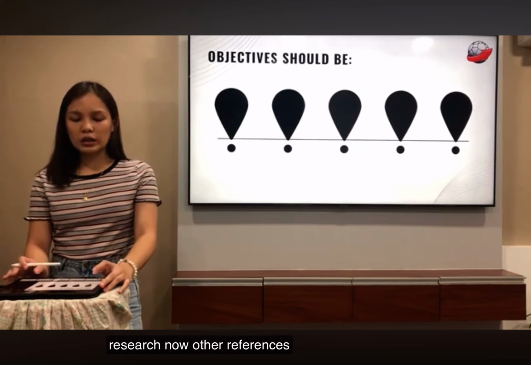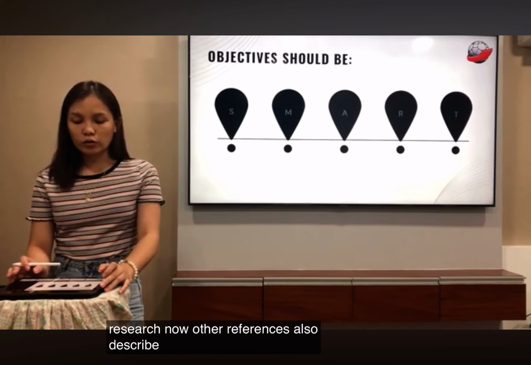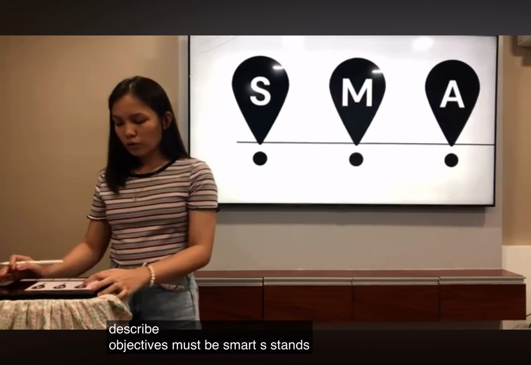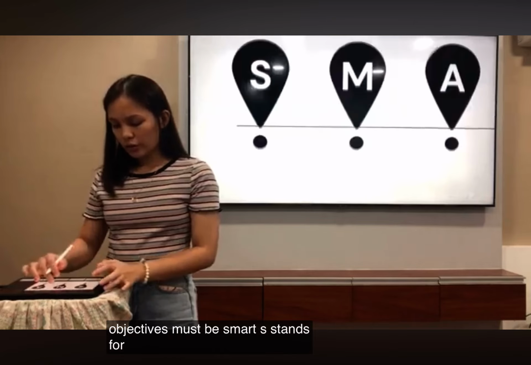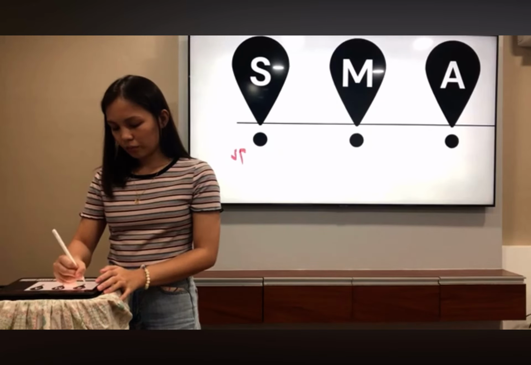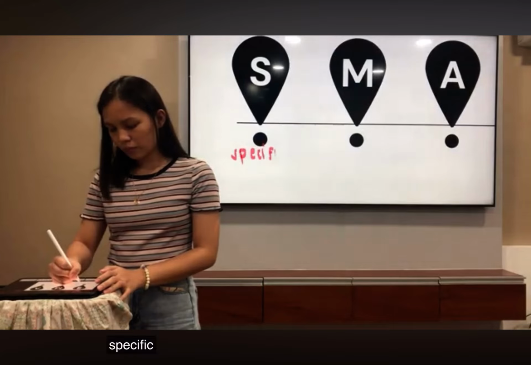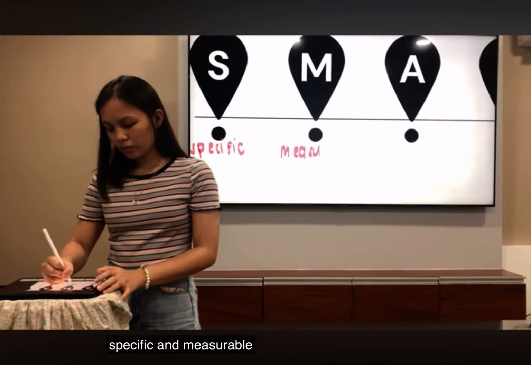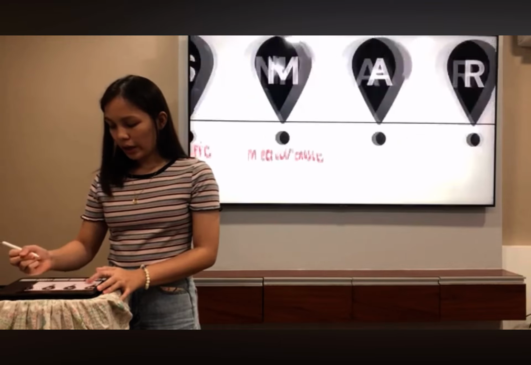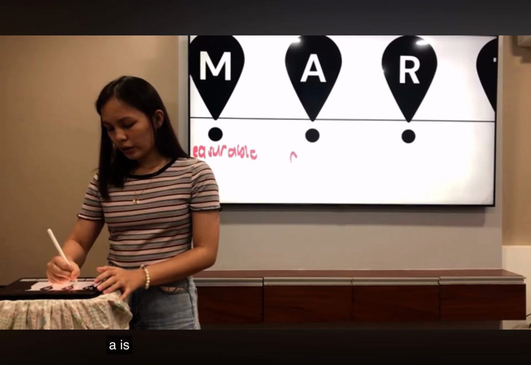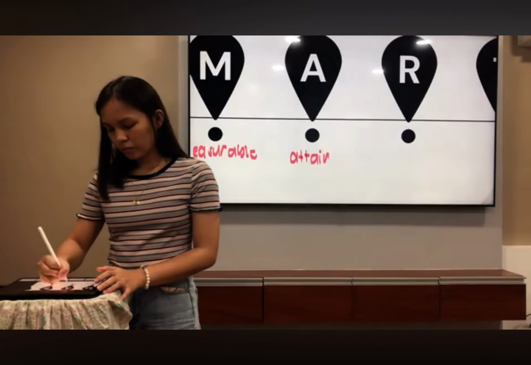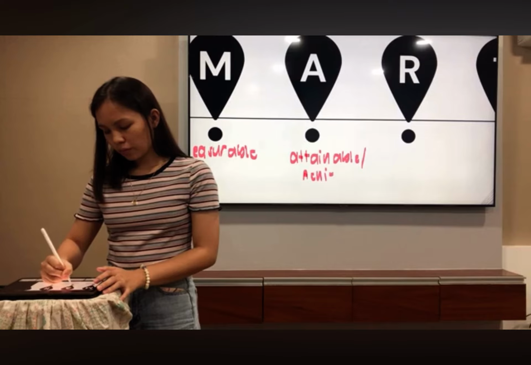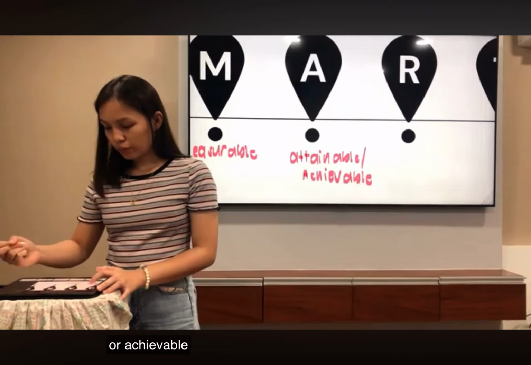Now, other references also describe objectives as needing to be SMART. S stands for specific and M for measurable. A is attainable, or achievable.